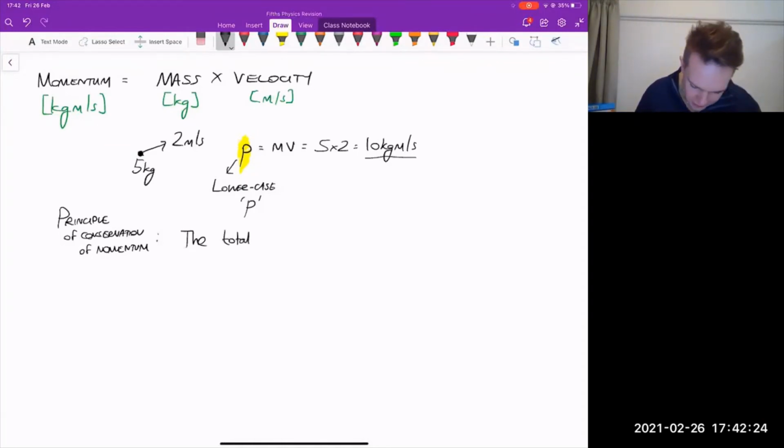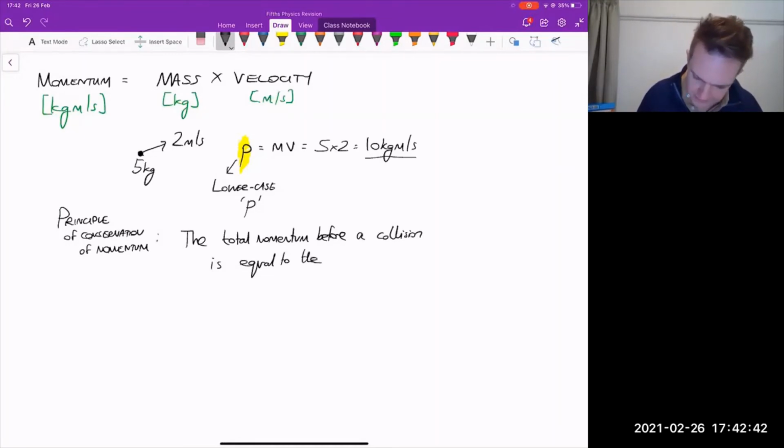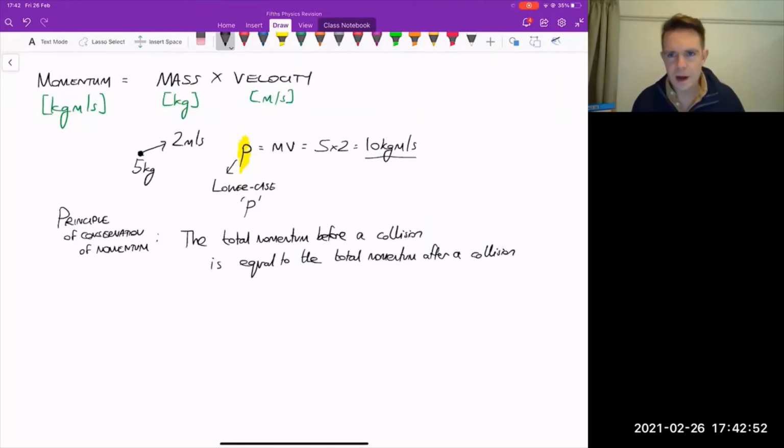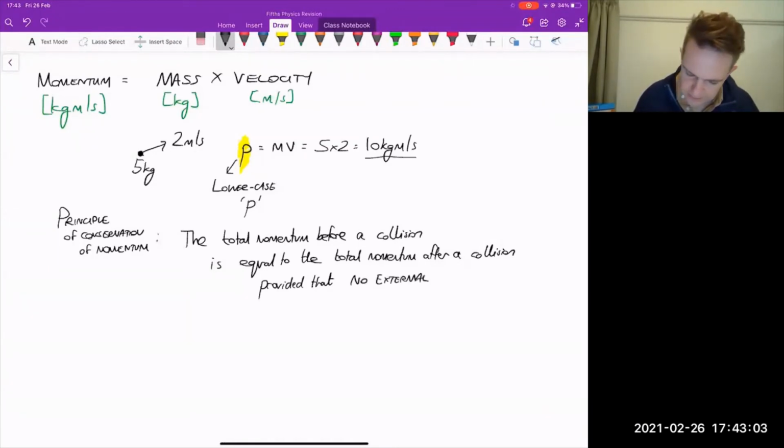So you can say the total momentum before a collision (I prefer "interaction", but you most often see "collision") is equal to the total momentum after a collision, part 1 mark, provided that no external forces act.